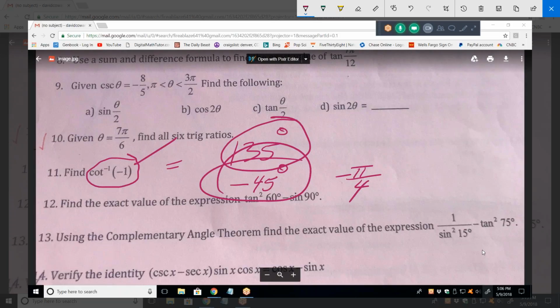That's different. And it's significantly different. By that I mean that all calculators should give you fourth quadrant answers for this, not second quadrant answers.